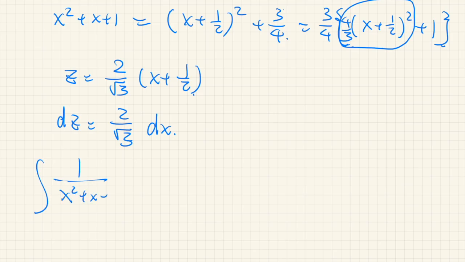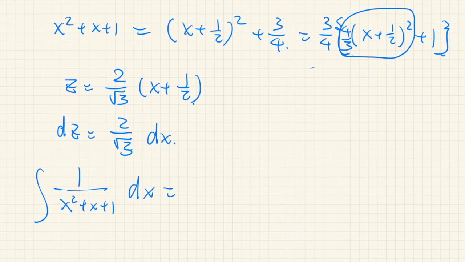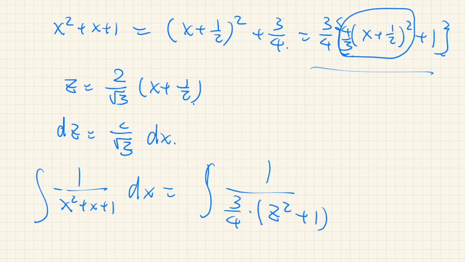the integral of 1 over x squared plus x plus 1 dx becomes this. First we completed the square like this, and substituted. We have 1 over 3 over 4, and we have z squared plus 1, and dx becomes square root of 3 over 2 dz.